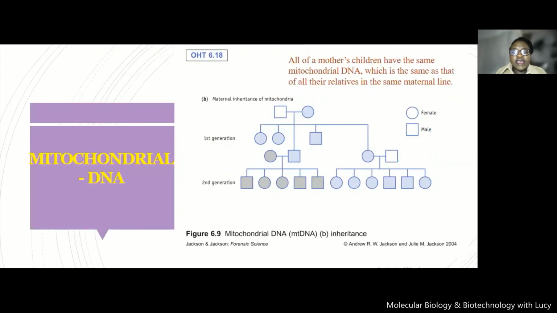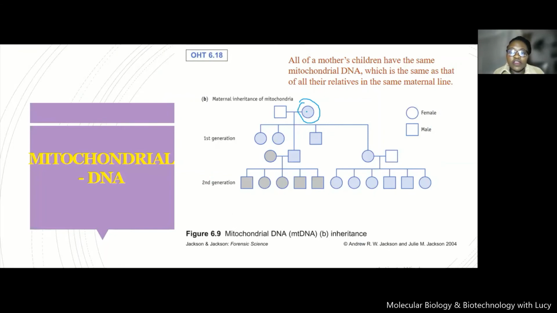Mitochondrial DNA, this one, I have discussed it in further details. I'm going to link up the video again up here. So all of a mother's children have the same mitochondrial DNA, which is the same as that of all relatives who share a maternal line. So if we have this generation, this is the maternal lineage.